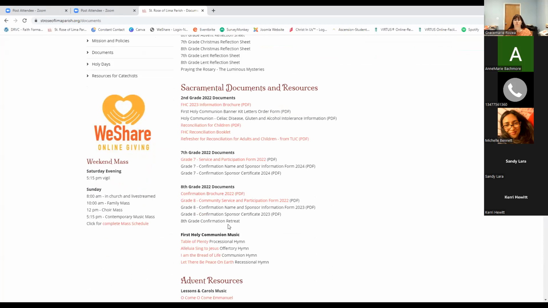But these forms will all be appropriate for your child's 8th grade class. So I will take care of uploading those this week, and you'll be able to access them. Don't pay attention if your child didn't complete the document when they were in 7th grade, because this is for this year's 7th graders. Go to where it says 8th grade 2022 documents.